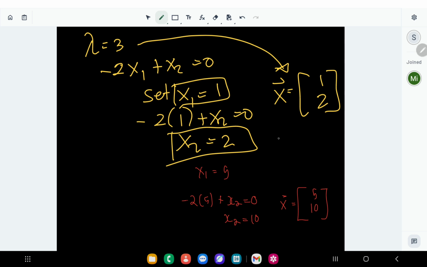So for your x vector there, you can factor out 5, then you have 1, 2. It's the same. You just multiply by a scalar, which is equal to 5. There, you got it? As long as it's the same, the vector is the same.